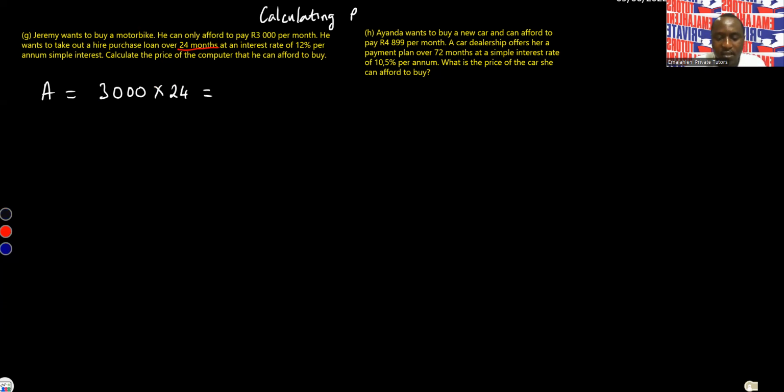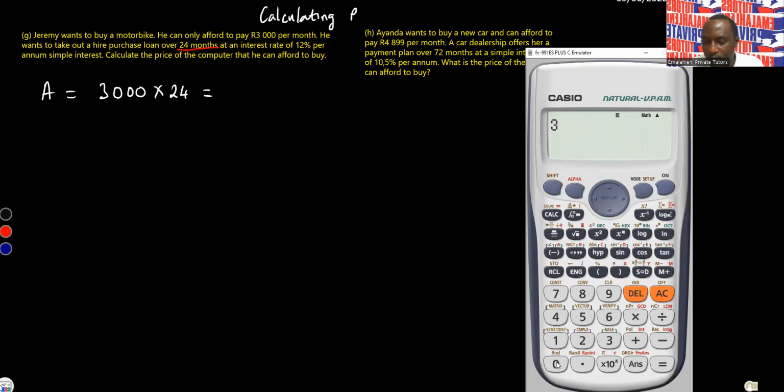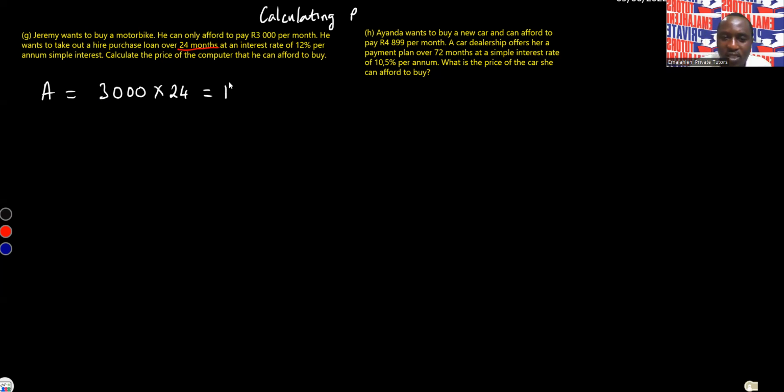What do we get? 72,000. So here is the accumulated money that can be paid. In total, that is the total amount that Jerem will pay. So now we want to know how much Jerem can afford at the moment.